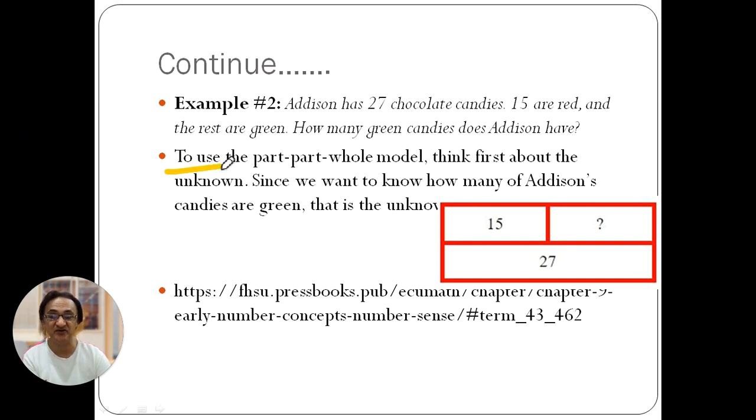We are going to teach the children the part-whole model. Here 15 is given, so what number do we put here to get the result of 27? You are not going to add these numbers, but you will be asked which method is used for this.